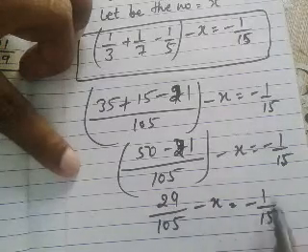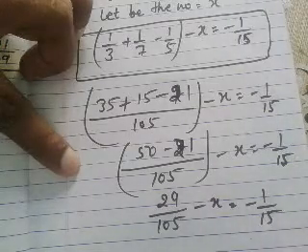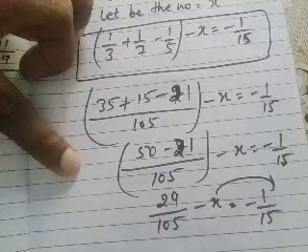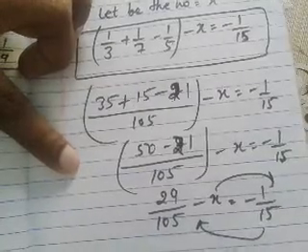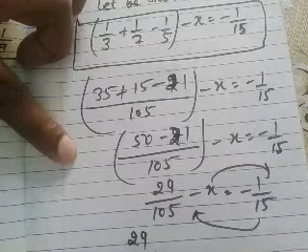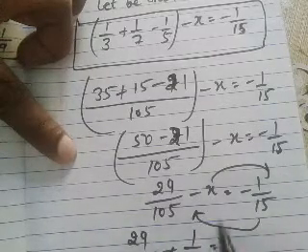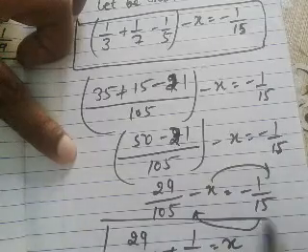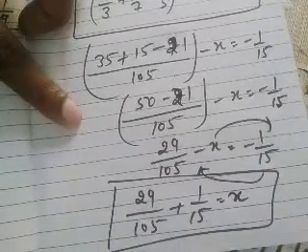Now solve this. Transfer this variable to the other side. So this will go to the right side, and this will come here. So 29 upon 105, with the minus sign, plus 1 by 15 is equal to this minus x. This is the correct expression for the final answer.